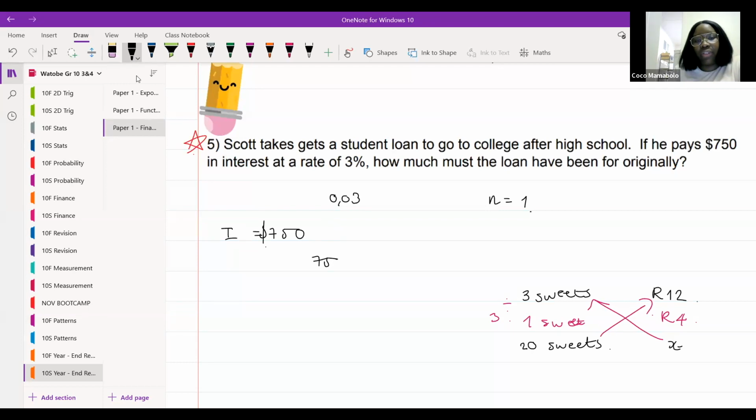Okay, so 750 is equal to P open brackets 1 plus 0.03 to the power of 1. And what did you get for P? I got 25,000.